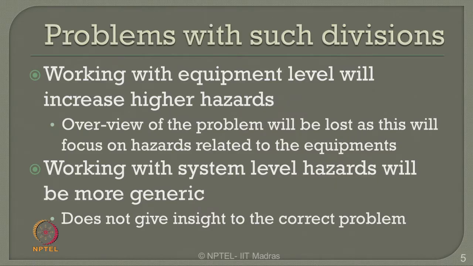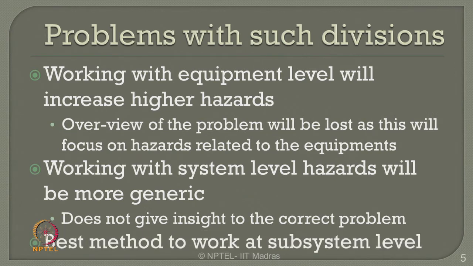Now, there are 3 levels of hazards one can look at. One is the equipment level, which has difficulties in micro focusing on the working of the equipment or components alone. The other is system level, which is more generic and higher order, therefore it does not give insight into the correctness of the problem. The leftover is the subsystem level, which is the best method to work at hazard analysis.